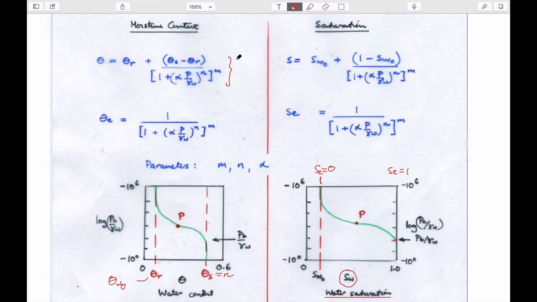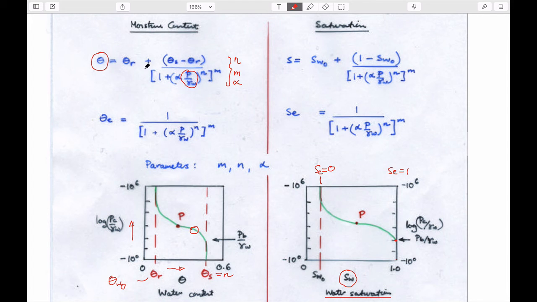And the parameters that control that are empirical parameters of n, m, and alpha. So the terms you see in here, we'd like to know how volumetric moisture content varies as a function of matric potential. So matric potential is the vertical axis, volumetric moisture content is the horizontal axis, and so we'd like to be able to define the terms that make this curve.